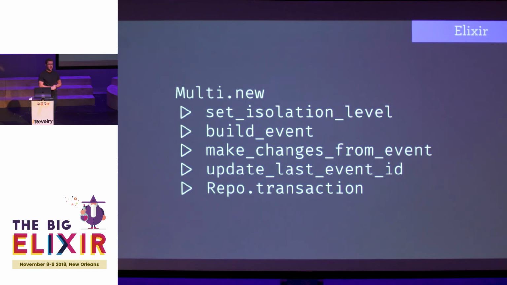This is really nice, especially for this kind of use case, because we're going to have some generic logic around setting the isolation level and updating the last event ID that we'll want to extract out. This updating the last event ID bit is super critical, by the way, because a lot of the operations you're going to be doing based on an event for a shipment have a high probability of conflicting, because if you're doing something on a shipment, you'll probably hit the same tables.